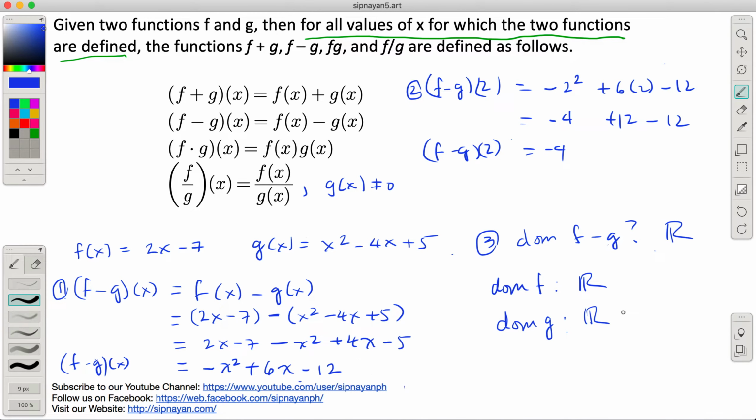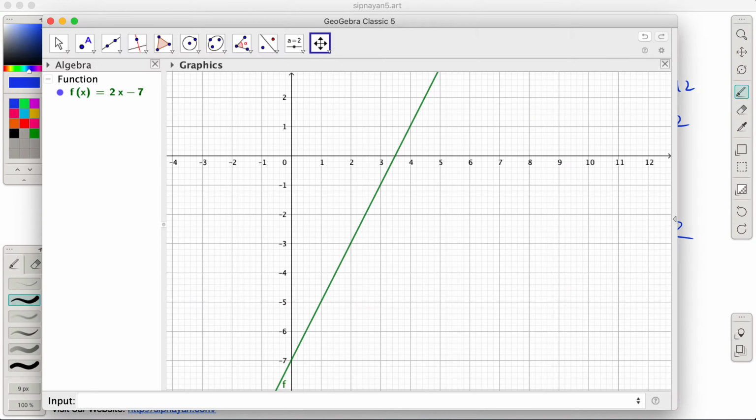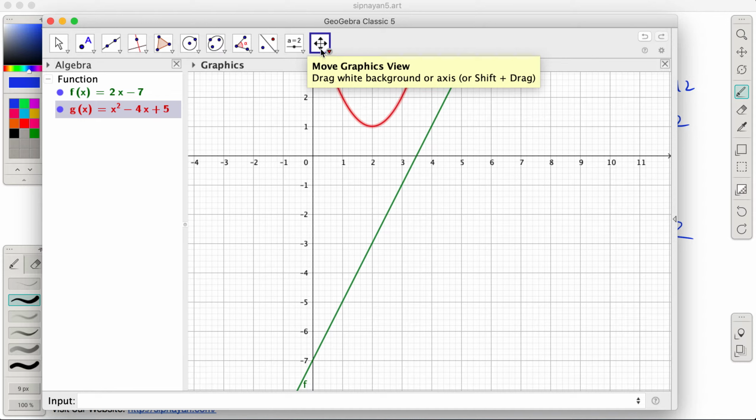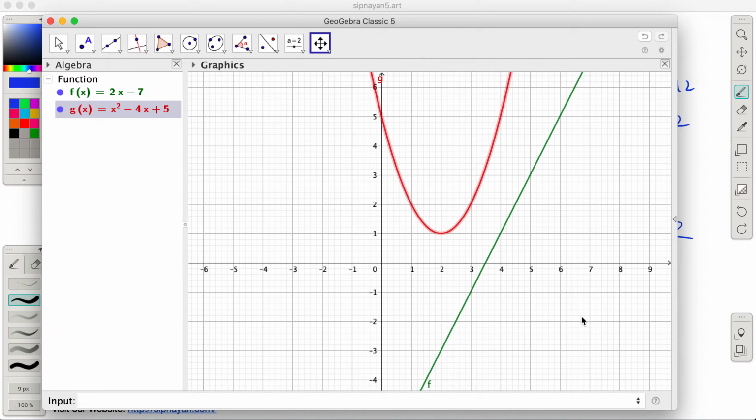And then the other one is x squared minus 4x plus 5. So g of x equals x squared minus 4x plus 5. Okay, so yan yung dalawa nating functions. Isang quadratic, syempre, parabola, at isang linear function.